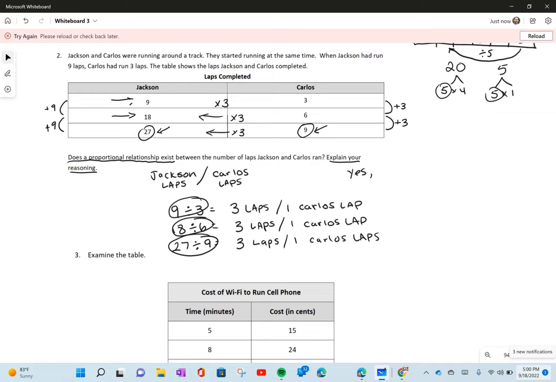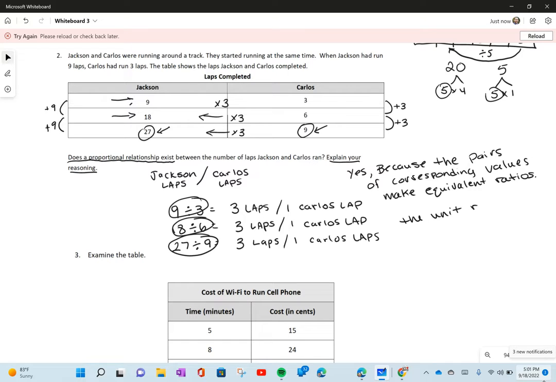Explain your reasoning. I would say because the pairs of corresponding values make equivalent ratios, or that the unit rate is constant through all of the pairs.